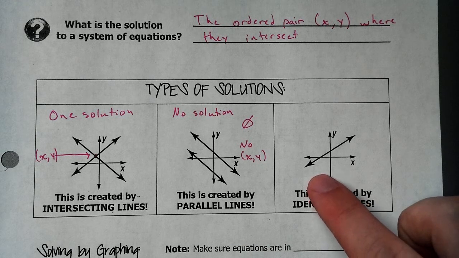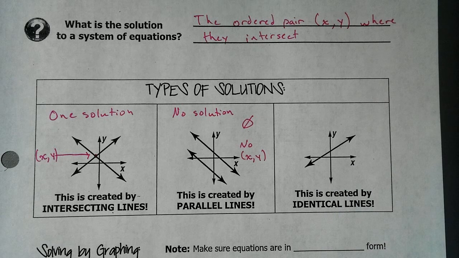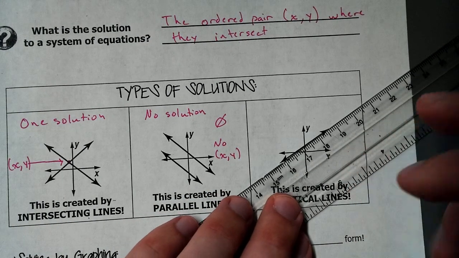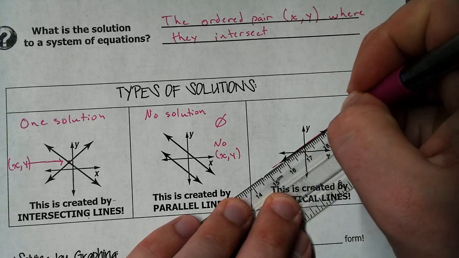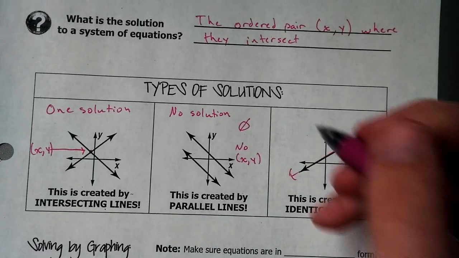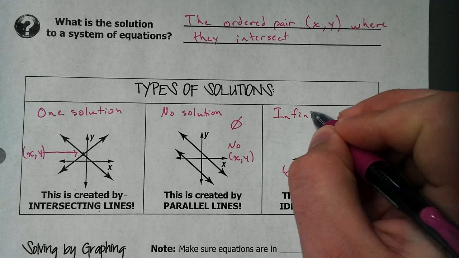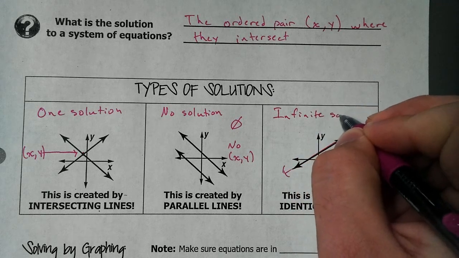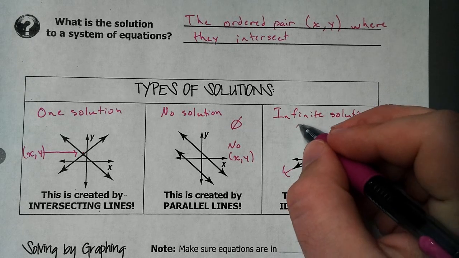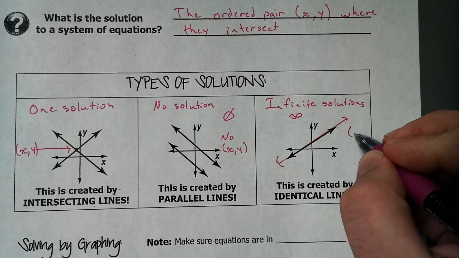Now, when you have the same line on top of itself, so you know what, let's go ahead and draw it like there's two lines instead of just one line. There we go. This is called infinite solutions. Or you can use the infinity symbol, and it's going to be every single point.